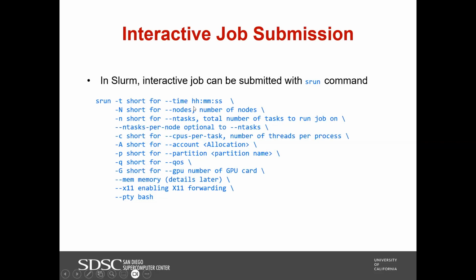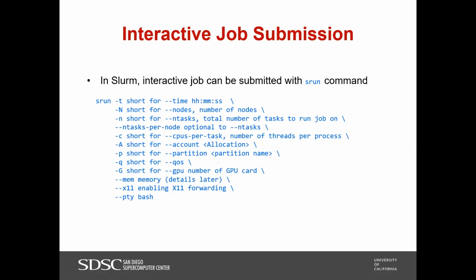And -N is the number of nodes you want to ask for, and then you can specify either -n, a lowercase n, which is short for ntasks, the total number of tasks to run the job on, or you can specify the ntasks-per-node, which is optional to ntasks, but one will override the other.